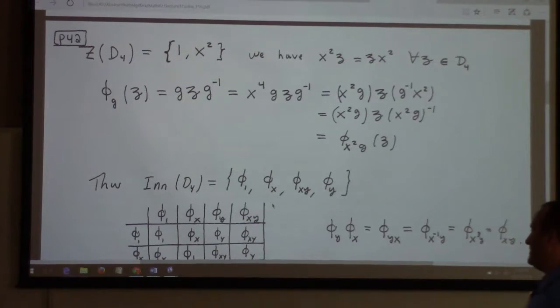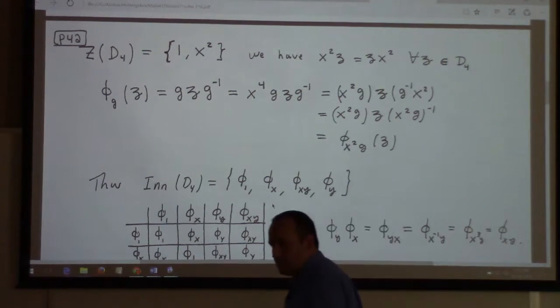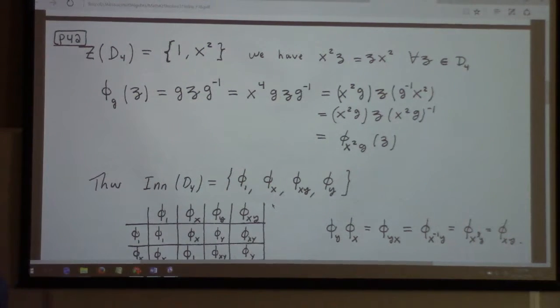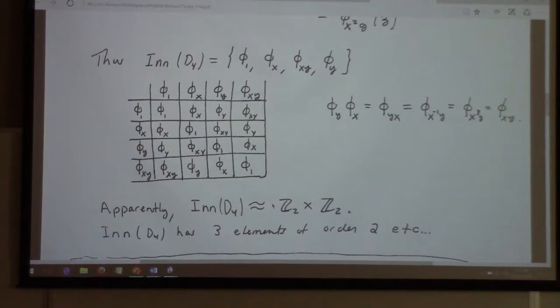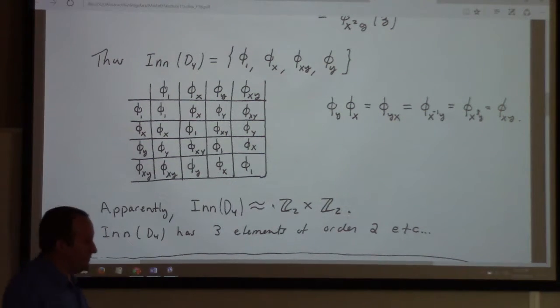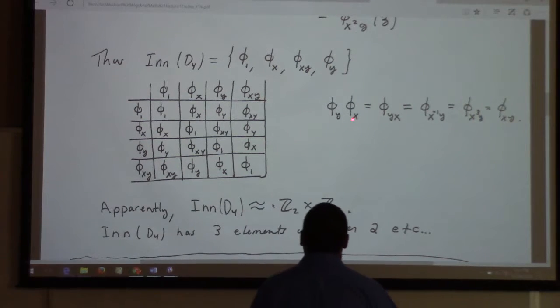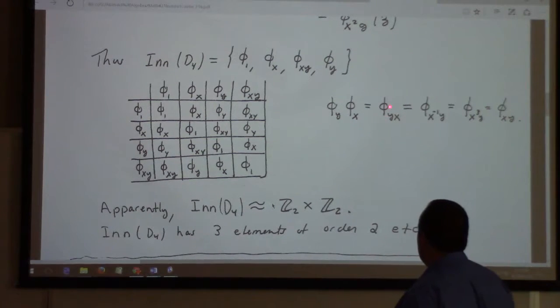And so it suffices to look at this one, this one, this one, and this one, because everything else is obtained by multiplication by x squared. Like phi x squared, phi x cubed, phi x squared y, and phi of x cubed y. That's everything. Moreover, if we paid attention to the previous problem, there's another efficiency, which is that to multiply these, I just multiply their conjugates.